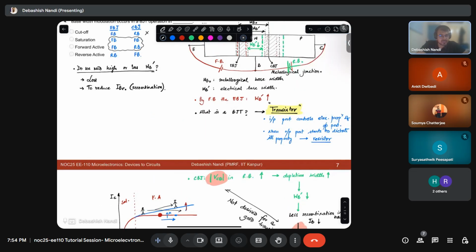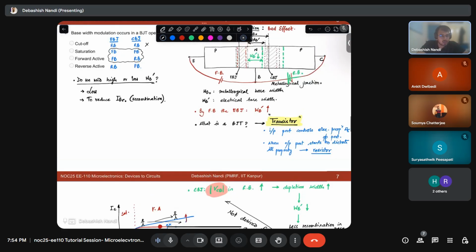Now you should have a question. If my base width reduction is causing this issue, and in my forward active region my emitter base junction is forward biased, so emitter base junction is anyway reducing, can I not replenish that? What do you think? By increasing the emitter base junction voltage. Did you understand the question?